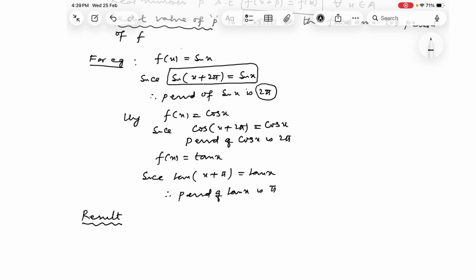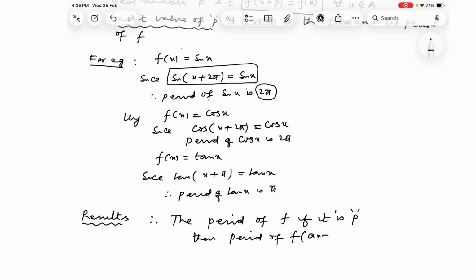Now there are a few important results. First one is: if the period of f is P, then the period of f of ax plus b is P by mod a.